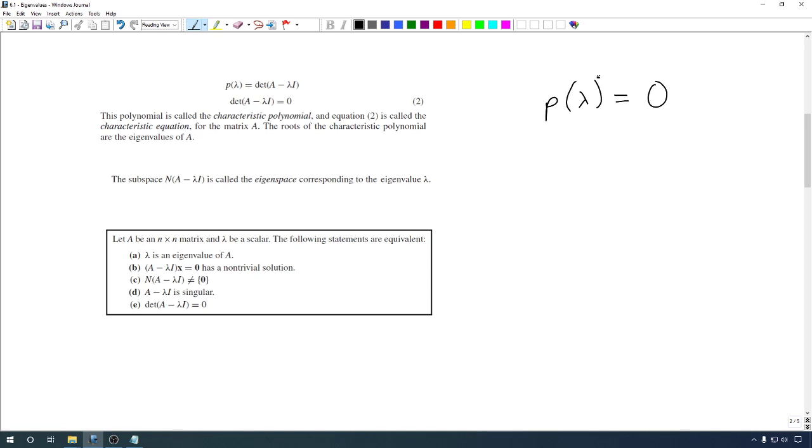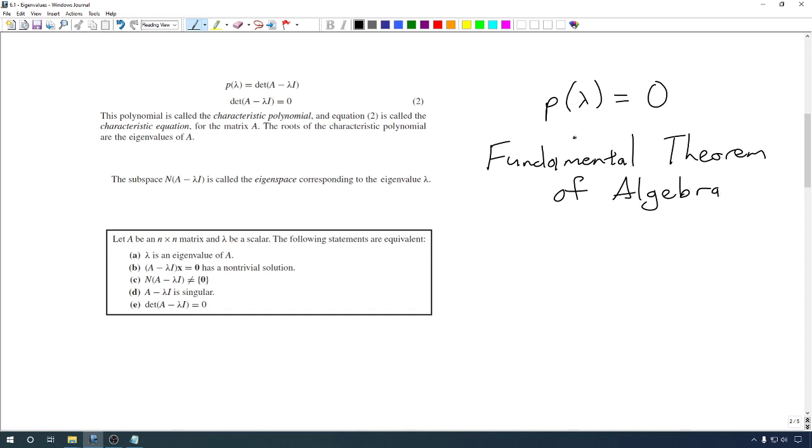Because we have a polynomial equals 0, we know that we have solutions. We have what we call the fundamental theorem of algebra that says any polynomial of degree n where n is bigger than 0 has a root.